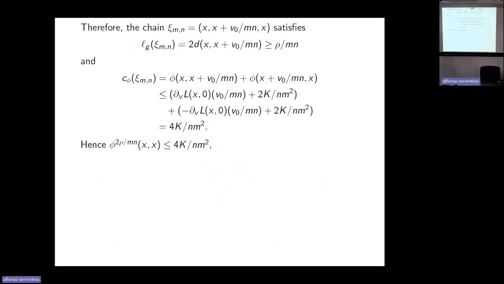Okay. So what does this tell you? We found a chain of length at least 2 rho over mn and cost at most 4k over n m squared. Okay. So you get that phi of 2 rho over mn, x, x is less than 4k over n m squared.